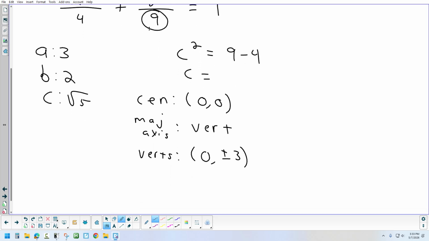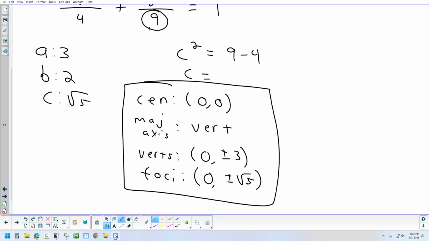And how about your foci? 0, positive and negative root 5. Positive and negative root 5. Okay. So there are all the important things that you have to describe when you discuss an ellipse.